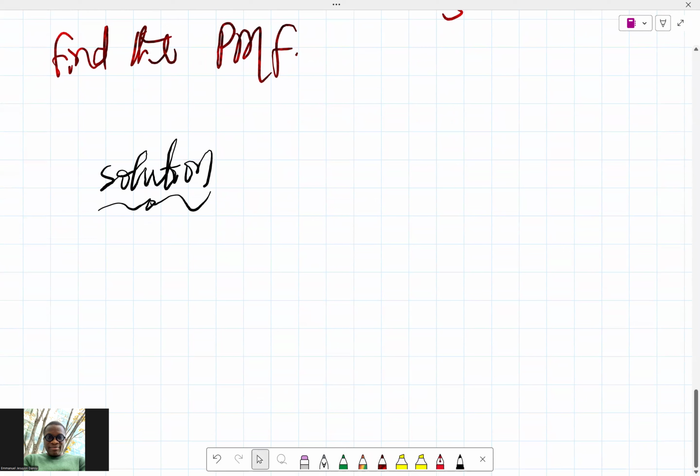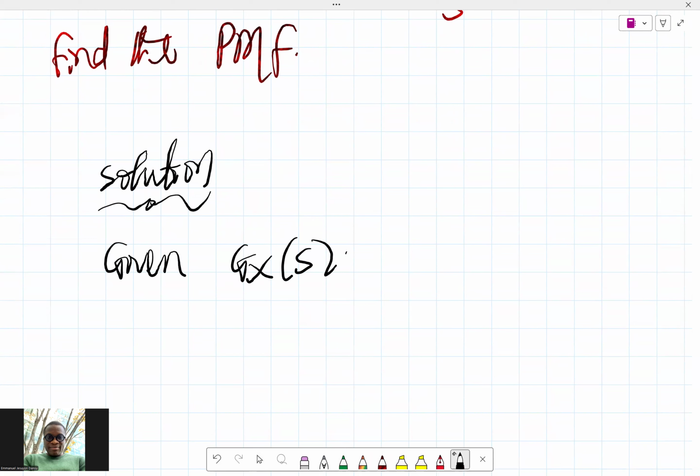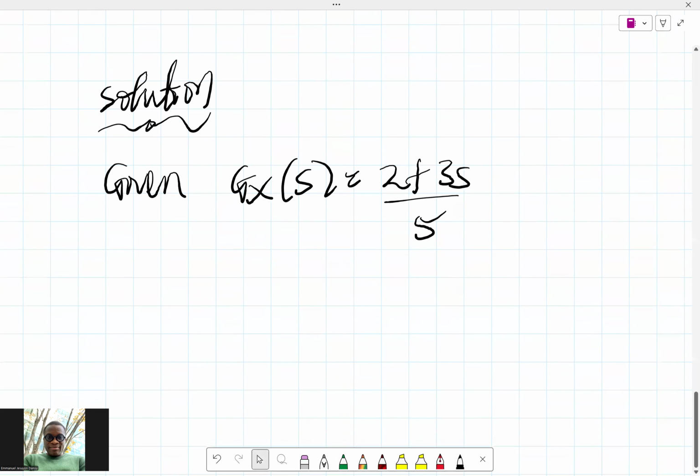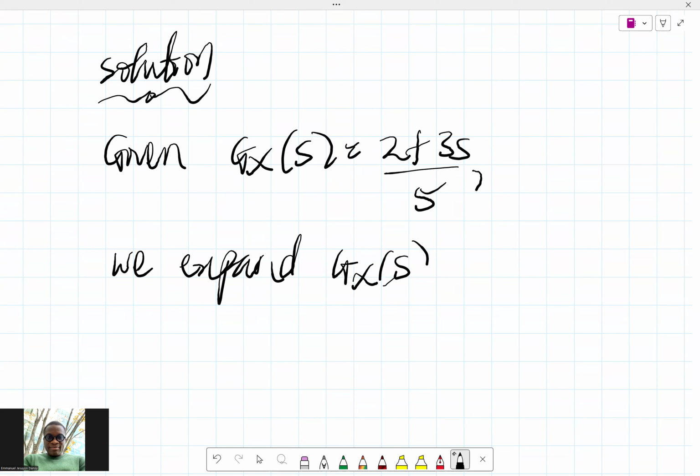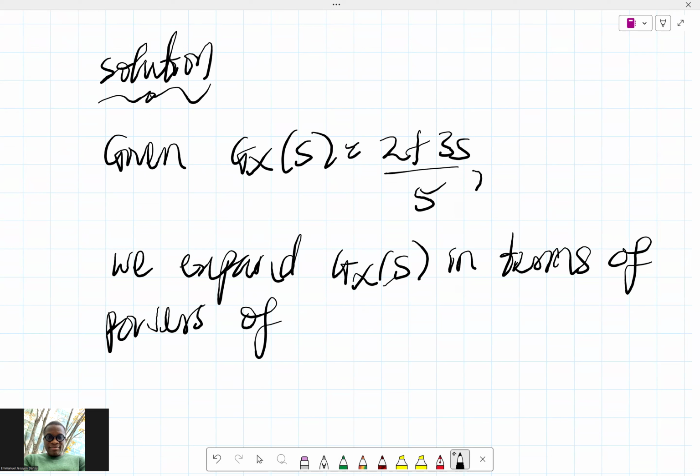So the solution here, given G_X(s) equals (2 plus 3s) divided by 5, we expand G_X(s) in terms of powers of s.